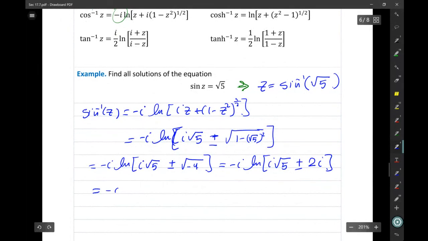Take an I as a common factor, becomes minus I, and keep it inside the ln. Square root of 5 minus or plus 2 times I.